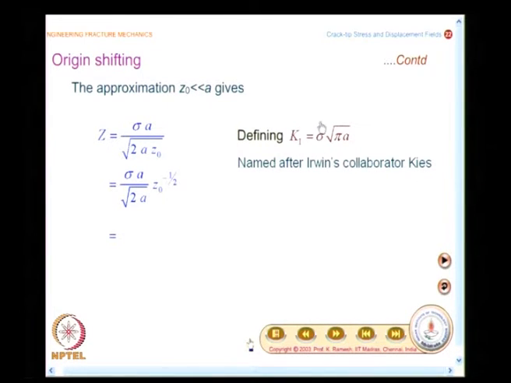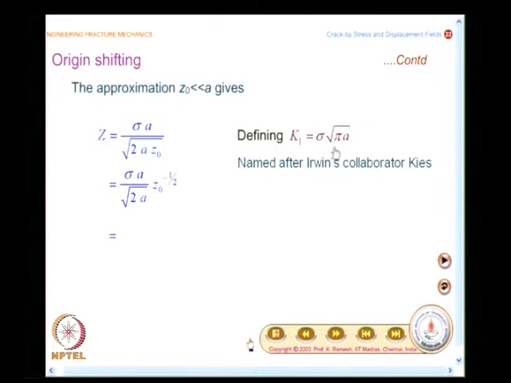You have the terminology sigma root pi a. If you look at fracture mechanics literature, people have debated whether pi should be included in this or not. People thought even sigma root a would be sufficient. There is a school of thought, because you should also know that without pi also this could have been discussed and the whole of fracture mechanics could have developed. But pi has come to stay, because Irwin has defined it only like this.